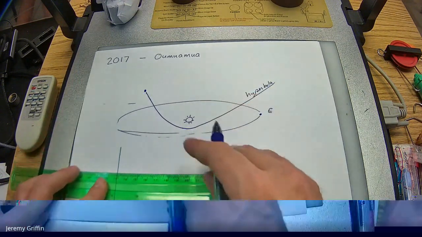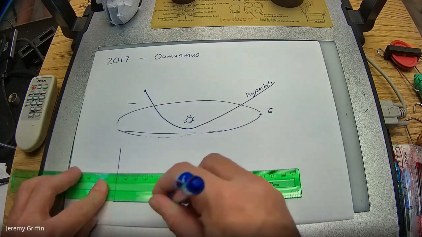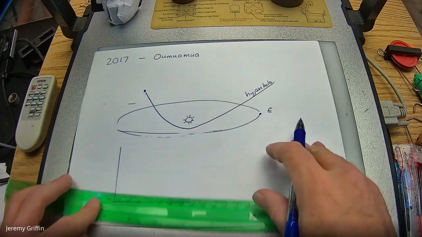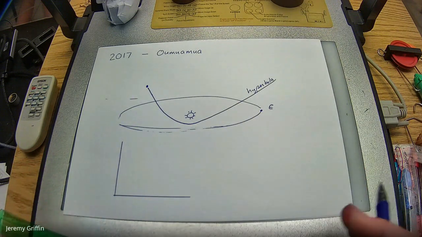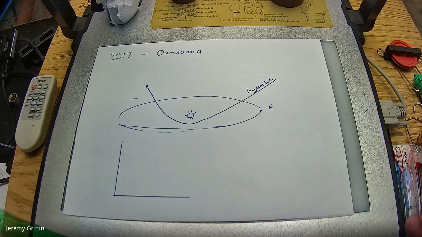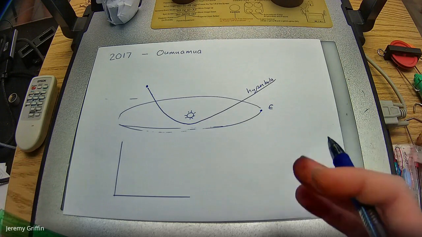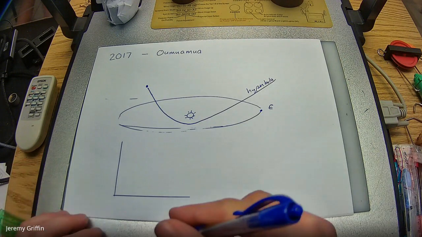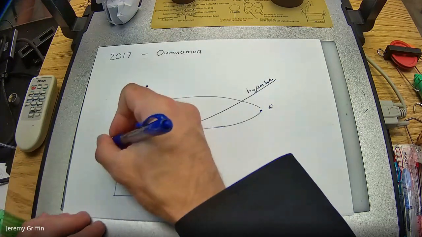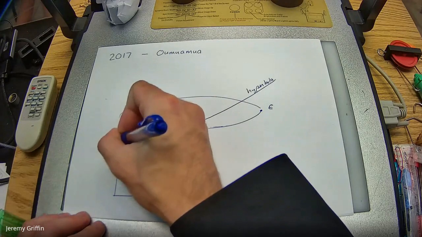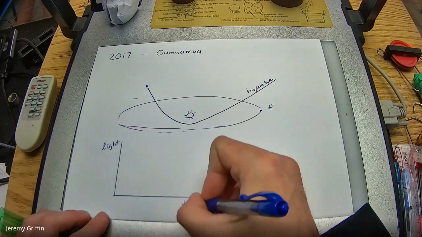And those artist renditions are actually based on some other weird property of this object. So remember how I told you guys that pretty much every object that we see floating around in space is kind of spherical or spherical-ish? Like the planets are spherical, asteroids are pretty spherical. Right? If you look at the light coming from this Oumuamua object, I'll say light as a function of time, like what's its light curve look like?